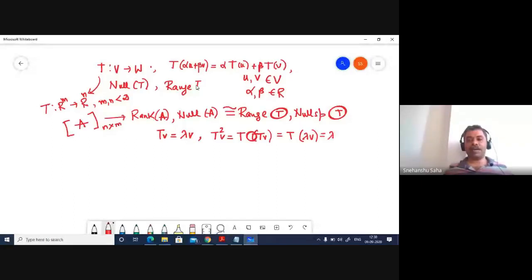So we scale it to lambda times Tv, and this is lambda v, so you multiply and get lambda squared v. As long as your transformation is linear, you can raise it to any power and correspondingly express it in terms of the power of the scalar. Okay.